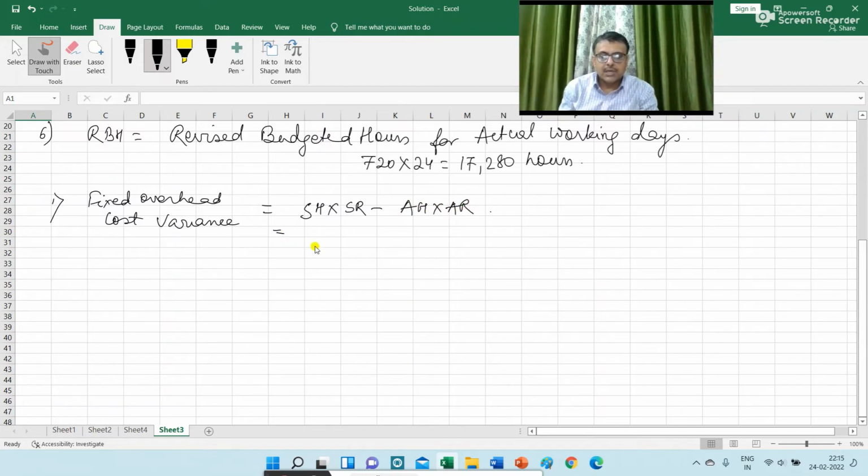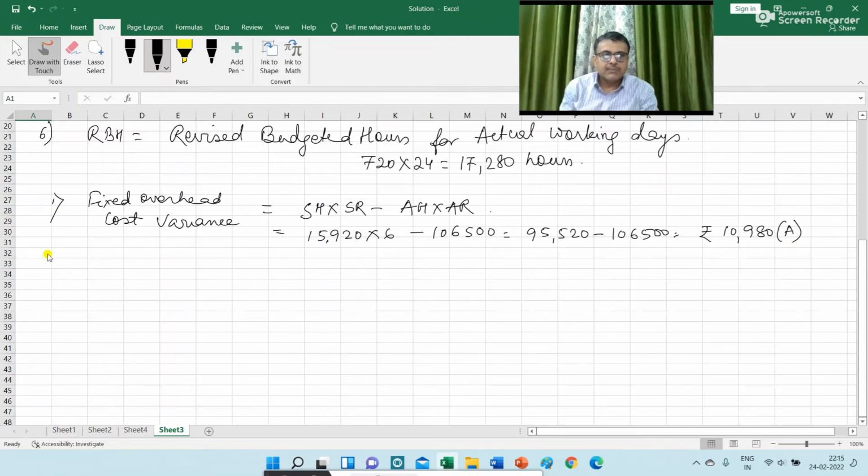Standard hour is 15,920 hours into rate of 6 rupees, minus actual overhead of 1,06,500. So this is 95,520 minus 1,06,500, equal to rupees 10,980 adverse. Since the actual overhead is more than the standard, I have written A, that is adverse variance.